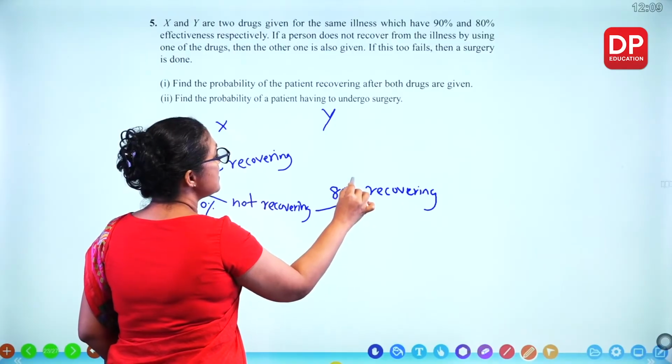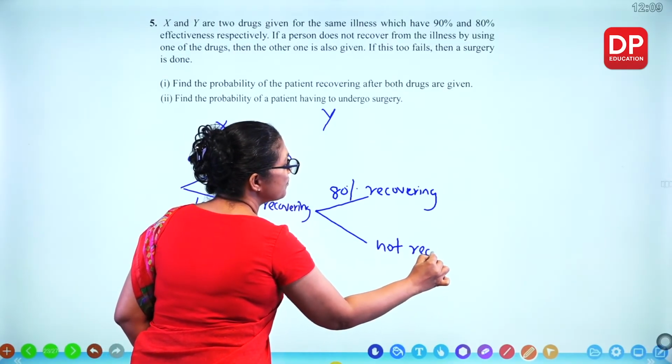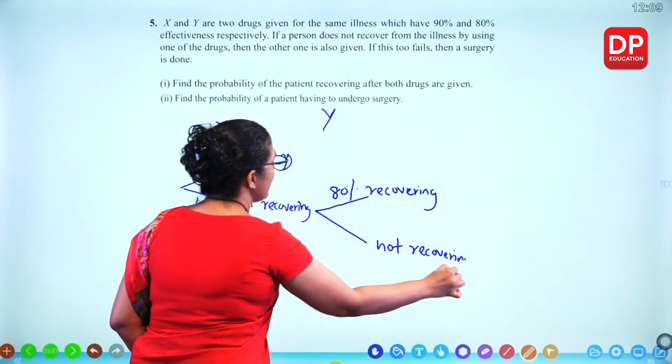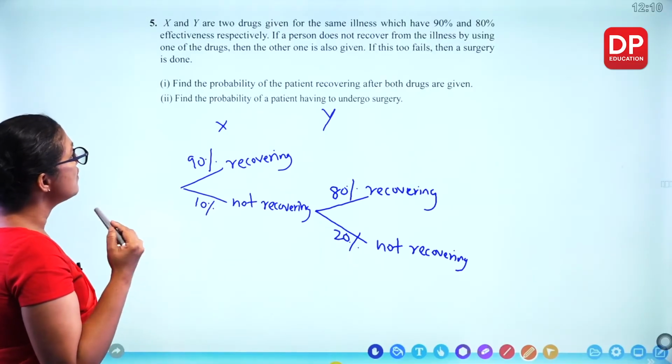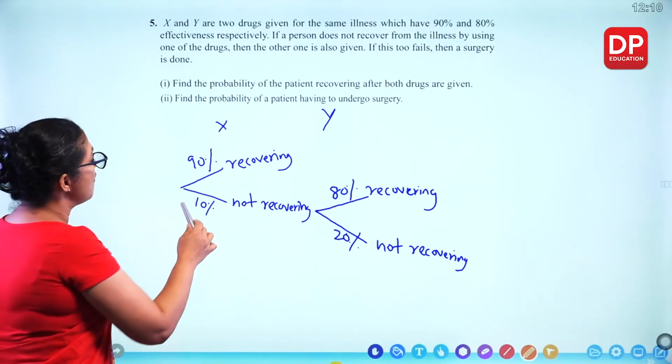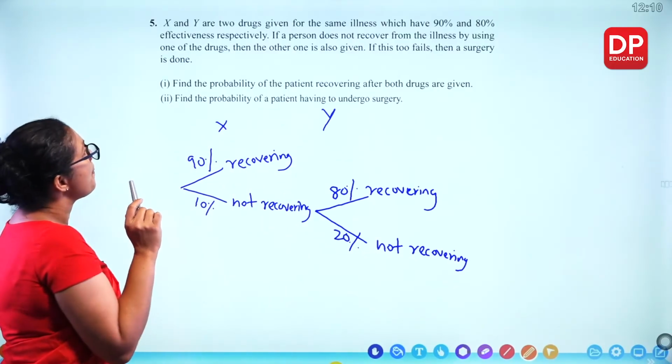That's 80%. Not recovering, then 20%, because 100 minus 80. So this is the chart. If both methods are not okay, then they are doing a surgery.